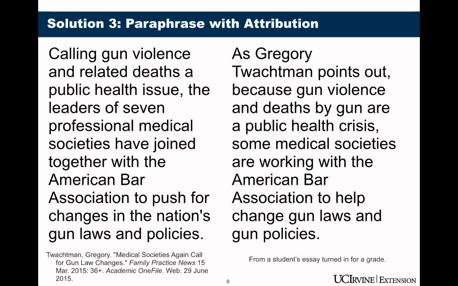This is the third solution to plagiarizing. So this is the third choice that you have as a way to avoid plagiarism. Take a minute to read this and see what the student did. You can pause the video if you need to. Here the student used attribution again, so he mentions the writer's name in his sentence, but this time there's no quotation marks.